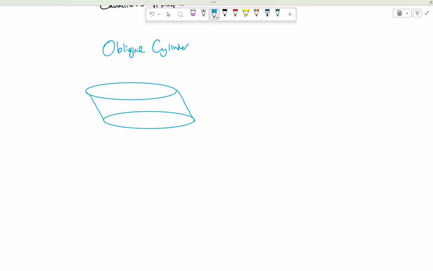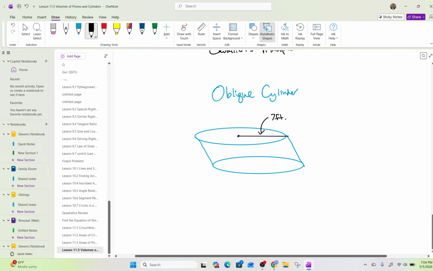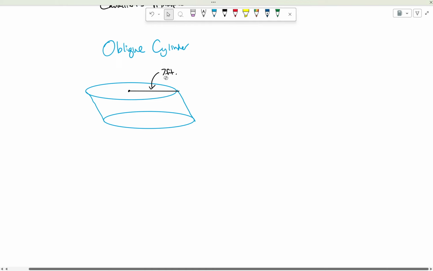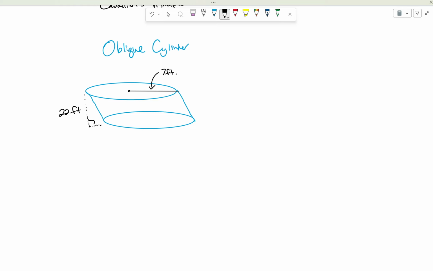But here's the issue: from the center to here to get my radius, I have this length of 7 feet. If I take this right here, this height, that is going to be like an altitude. That's the height that I'm going to use in my formula.